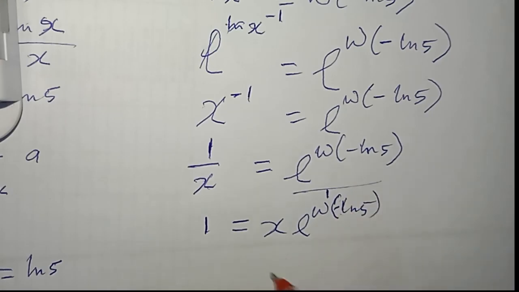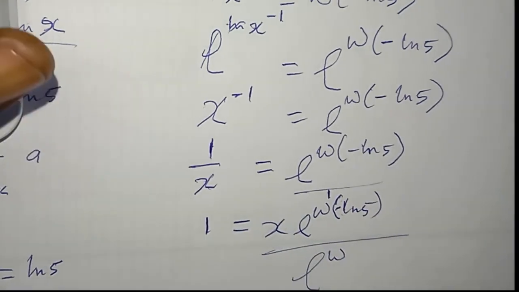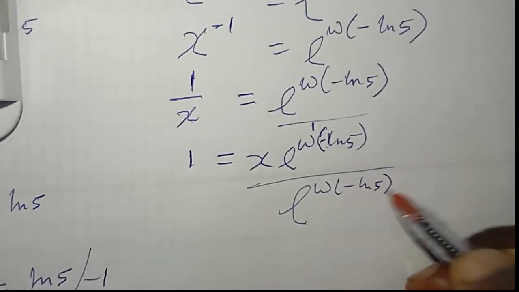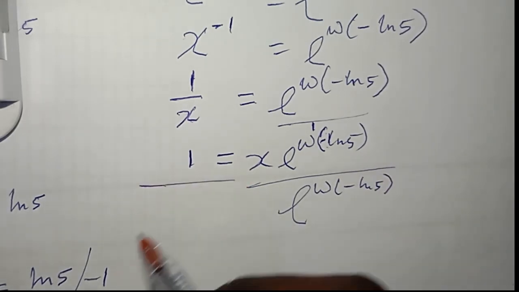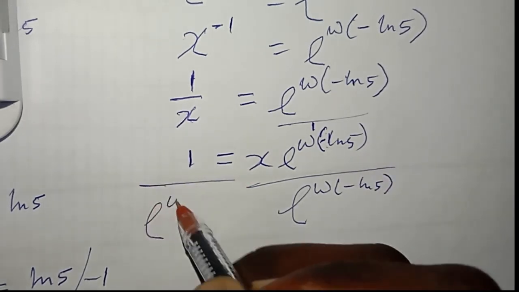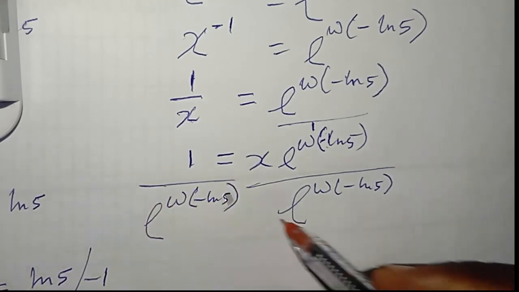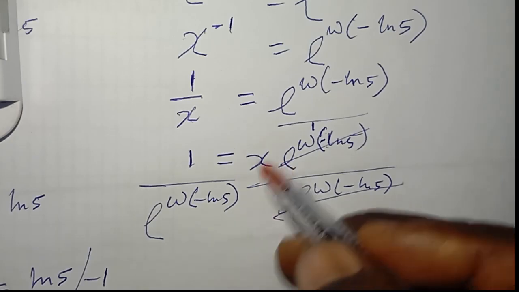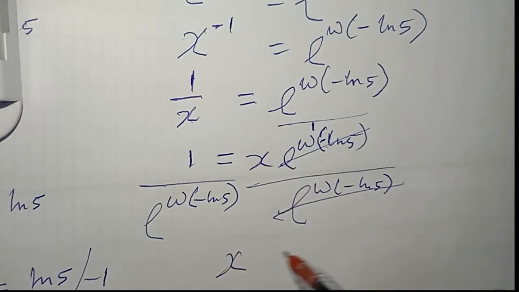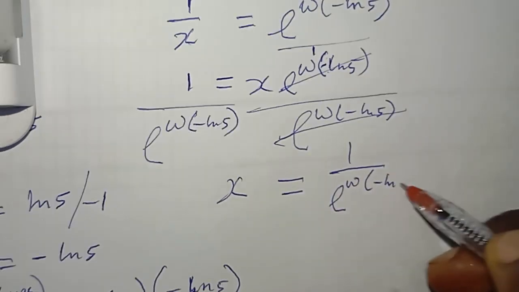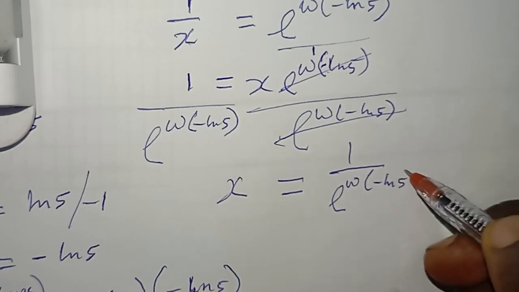Okay, so if I now divide through by exponential Lambda function of negative natural log of 5, I can also divide here. So eventually this cancels this, and then we've gotten our x to be equal to 1 over exponential Lambda function of negative natural log of 5.